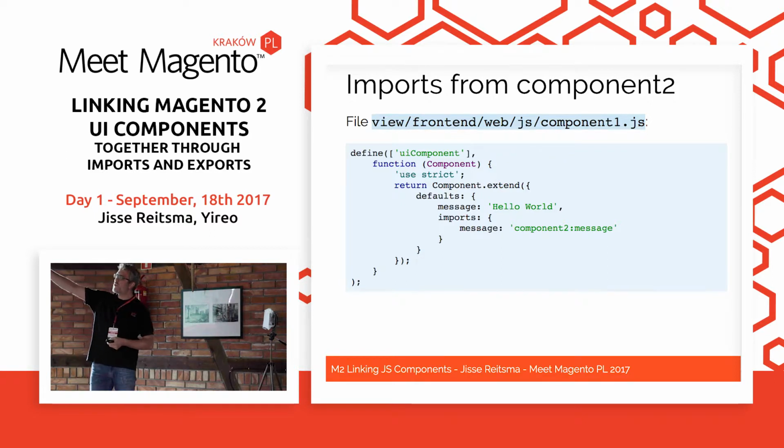So as soon as I modify message on my component 1 side, it might be linked to the message property of component 2 as well. Meaning you have these two different components, and by linking the property, any change is replicated to the other side as well, which is kind of cool.